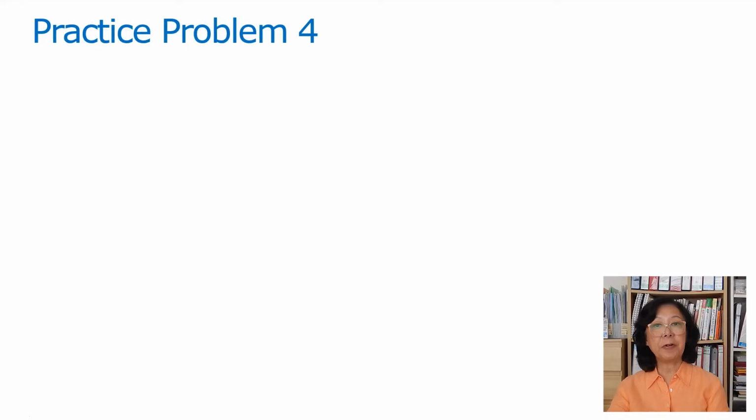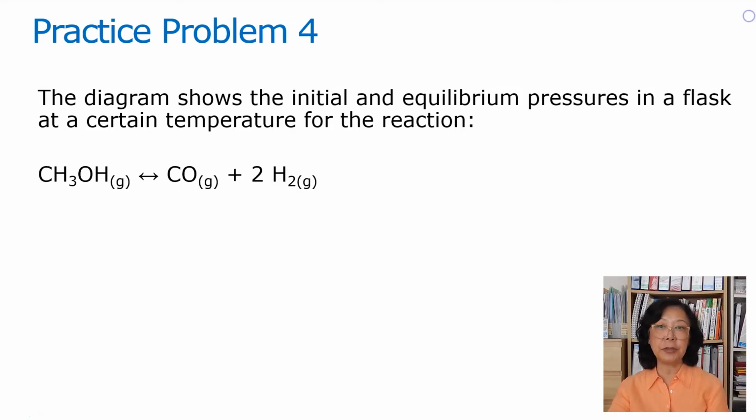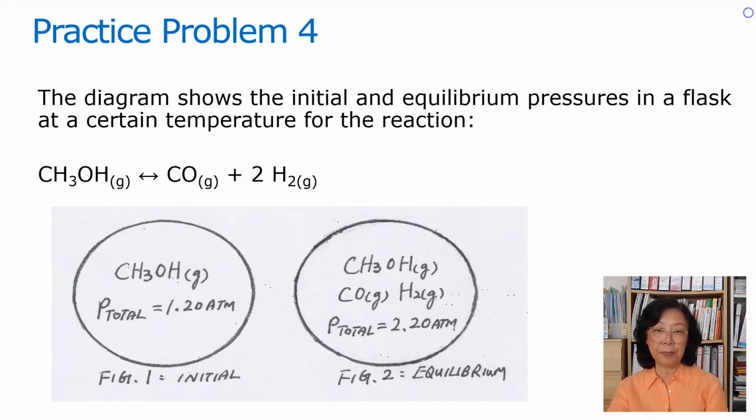Practice problem number 4. The diagram shows the initial and equilibrium pressure in a flask at a certain temperature for the reaction of methanol decomposing into carbon monoxide and 2 moles of hydrogen. So here's a diagram. Let's study it carefully.